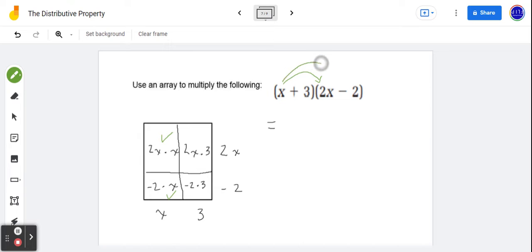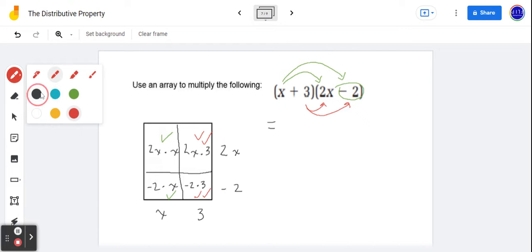That would be these two terms being multiplied together. Changing colors up here. So this one here, we'll put a double check on that so you can see what I'm doing. So that's 2x multiplied by 3. And then your last term, the negative 6 as a product, would be 3 multiplied by negative 2.